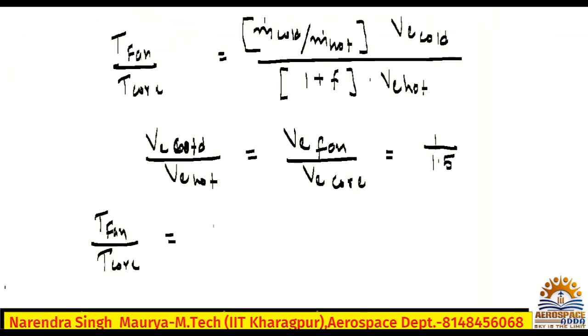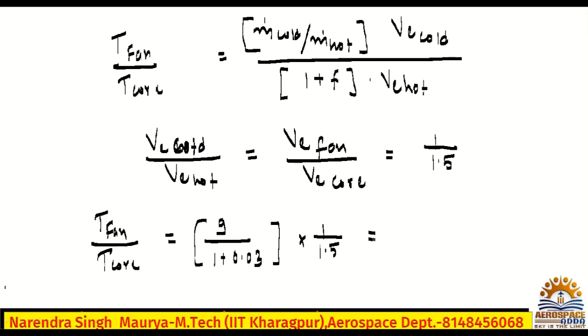It is nothing but 9, divided by 1 plus small f, how much is it? 0.03. Okay, what is the V cold by V hot? It is 1 upon 1.5.